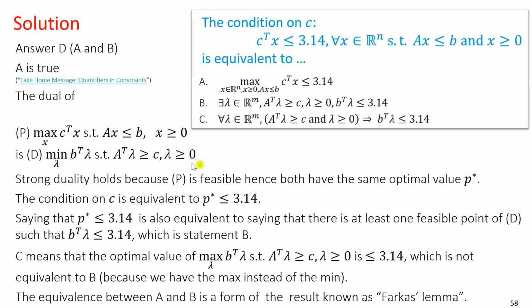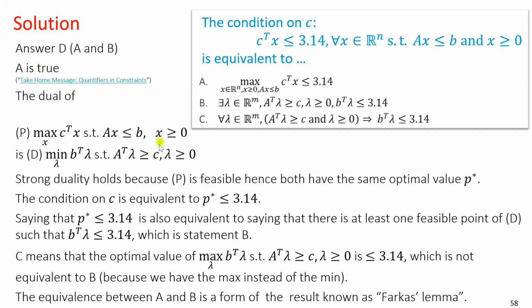And the dual, we find it by our cheat sheet that we have seen a few minutes ago. The dual is the minimum of b^T lambda such that A^T lambda is larger than c, lambda being non-negative. So again, we see that the constraint b becomes the coefficient and the coefficient becomes a constraint here, and the matrix of constraint is transposed here.